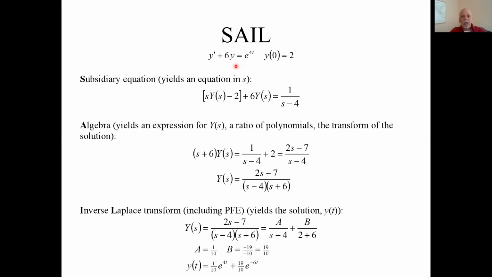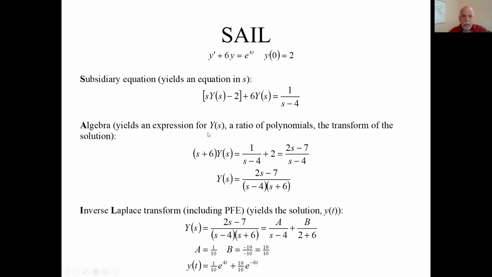This will be s times big Y minus that 2 plus 6 big Y. And the Laplace transform of e to the 4t is 1 over s minus 4. You have to look that up in the table if you're not familiar with some of these common transforms. That's the subsidiary equation. Now we start doing algebra.